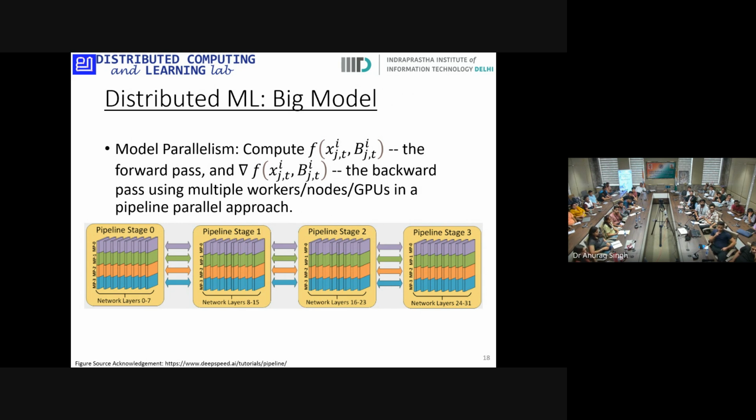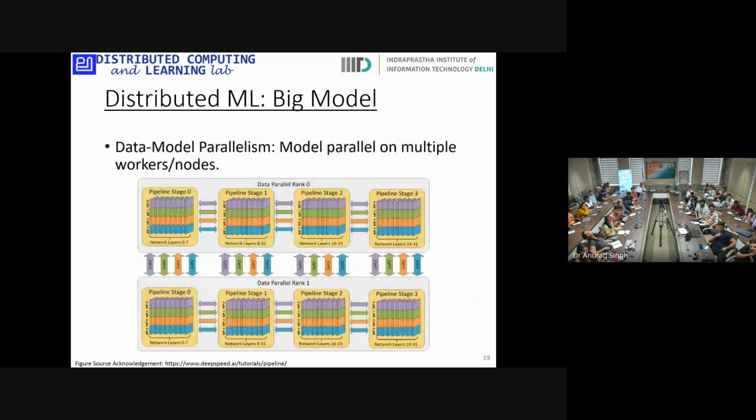So each of the nodes actually contains multiple GPUs, and you compute one full gradient of your model using multiple GPUs. That is called model parallelism. Sometimes going beyond GPUs, you actually apply multiple machines to compute one full gradient of your model, because it is trillion size and growing, right?